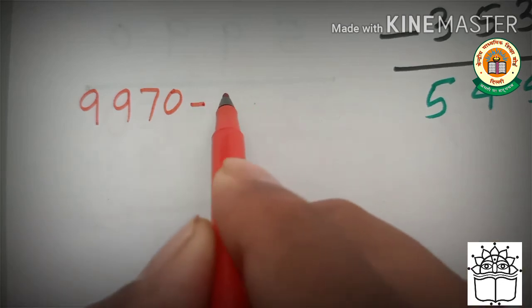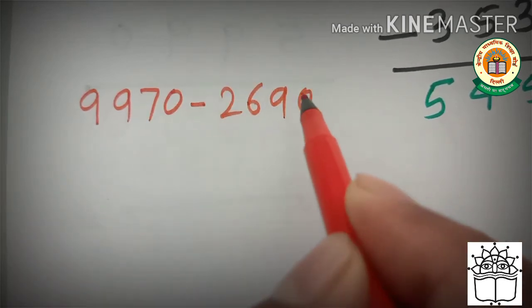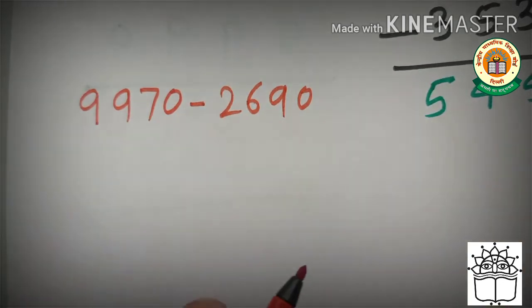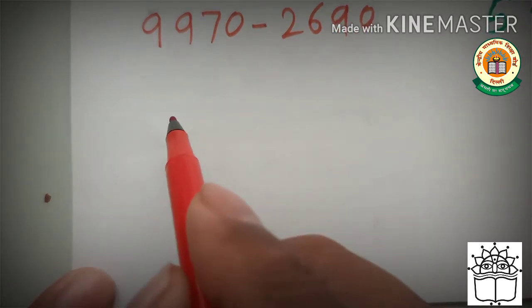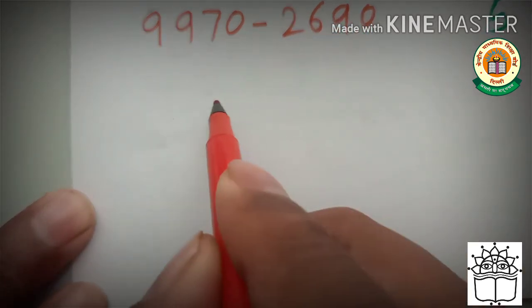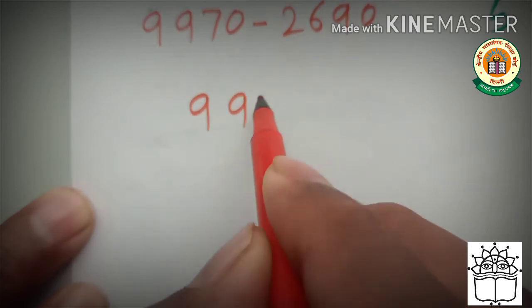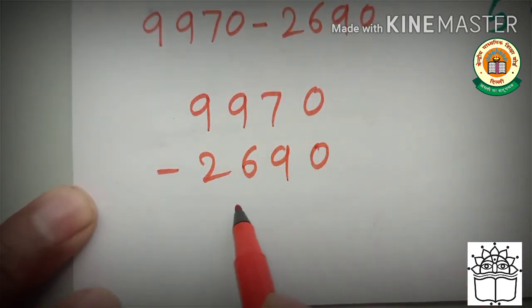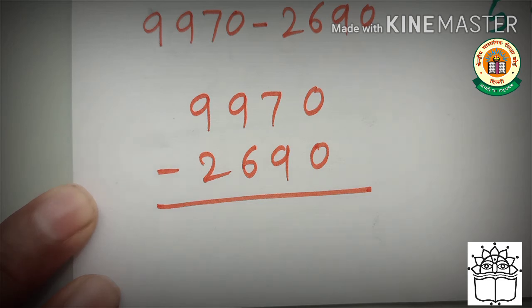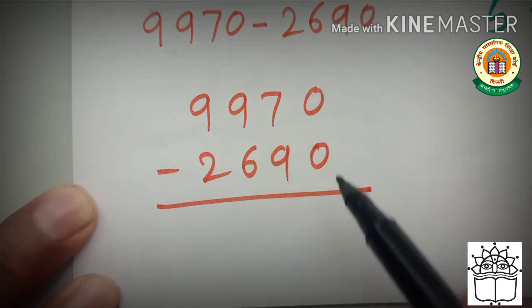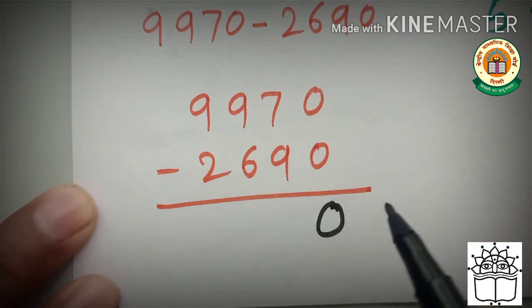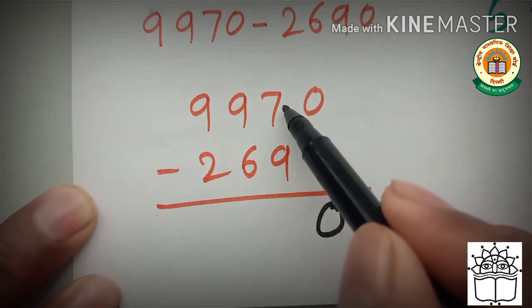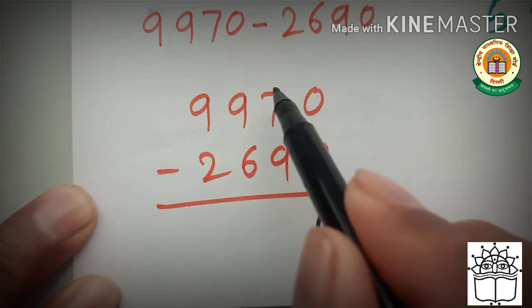9970 minus 2690. Now we'll write the same example using the column method, 9970 minus 2690. Now we can solve the example. Now 0 minus 0 is equal to 0. Now 7 is smaller or greater than 9? Obviously it is smaller than 9. So we will take a borrow.